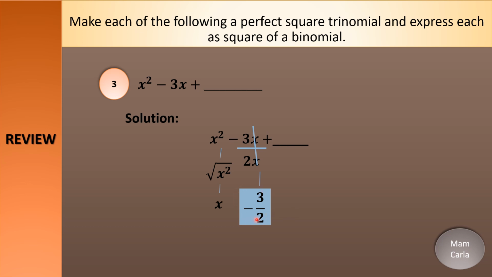And then we square negative 3 over 2, or multiply it by itself, we have 9 over 4. Now for the square of binomial form, we get the square root of the first and the square root of the last term. So we have here the quantity of x minus 3 over 2 squared. So we have a negative sign since the middle sign is negative.